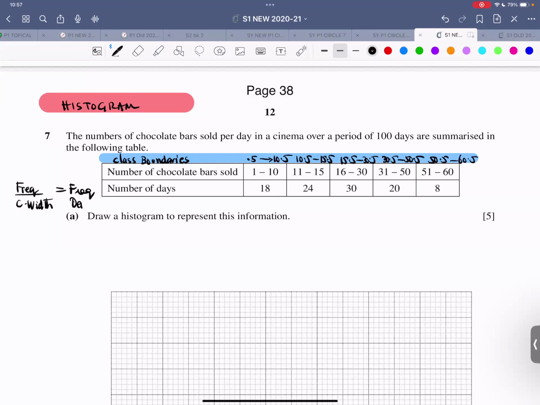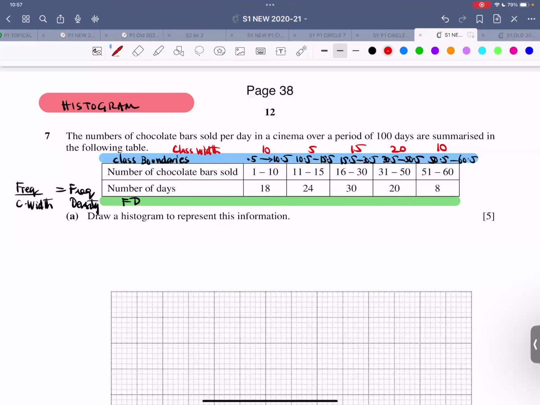So FD, that is frequency density. So class boundaries are there. And let me write over here in red color, this is class width. This is 10, this is 5, this is 15, this is 20, this is 10.